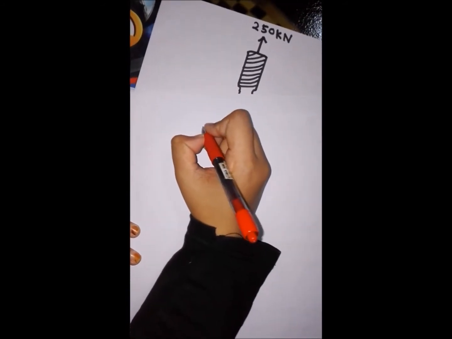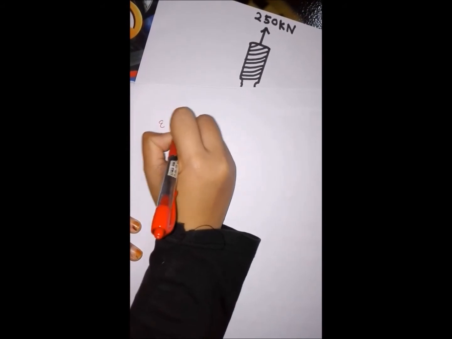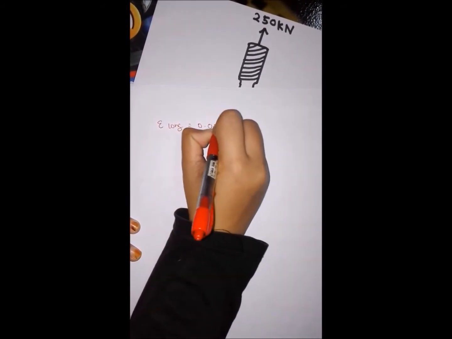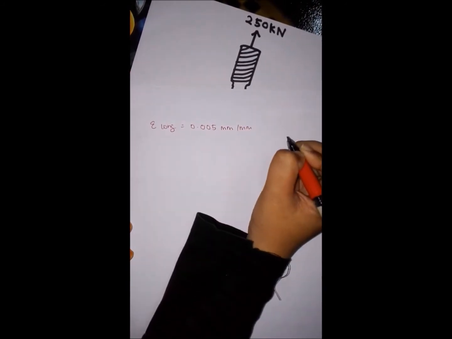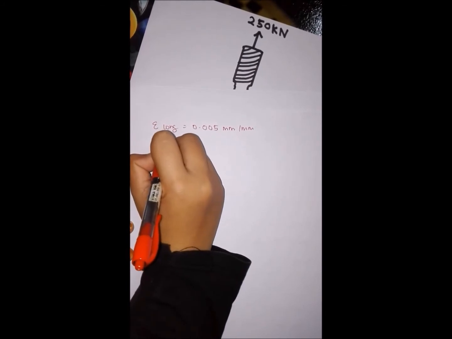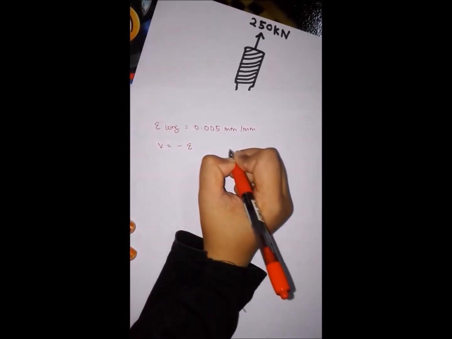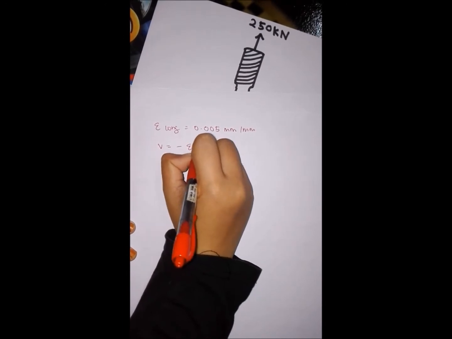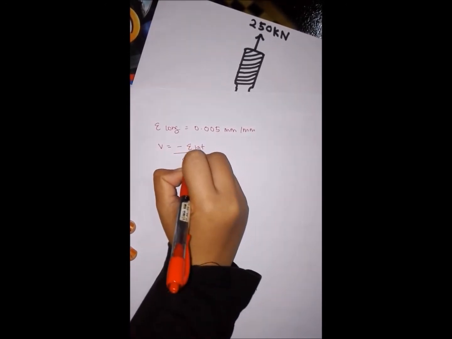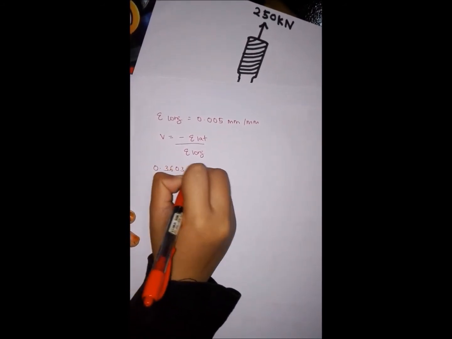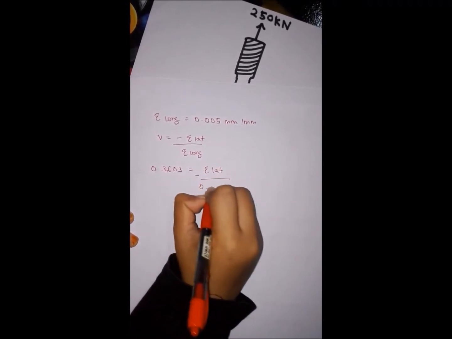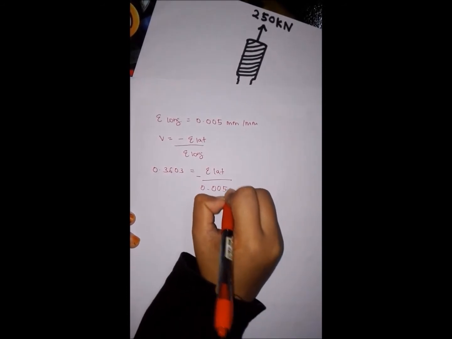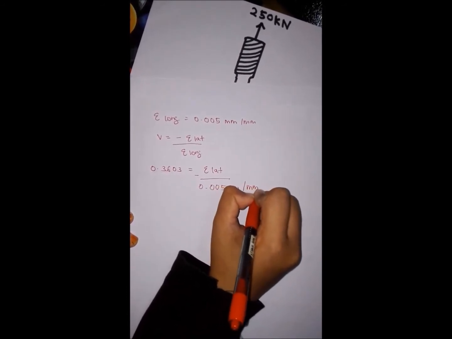Since the longitudinal strain is 0.005 millimeters per millimeter, then by using the equation nu equals negative lateral strain over longitudinal strain, 0.303 equals lateral strain over 0.005 millimeters per millimeter.